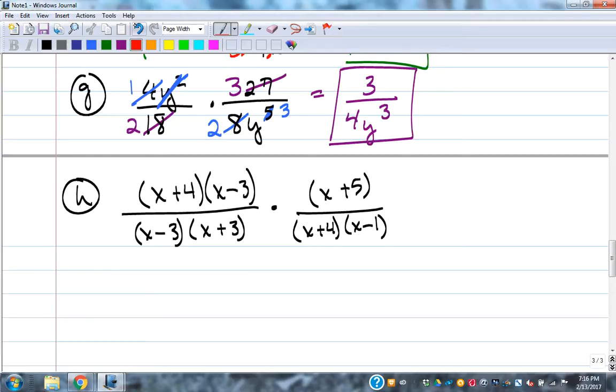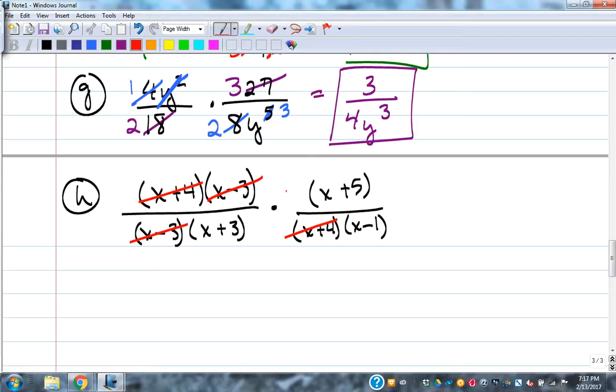So we want to cancel out things the same way that we did in the previous two examples, vertically or diagonally. So vertically, do I have some? Go ahead, Reese. The x minus 3s, they cancel each other out. Diagonally, the x plus 4s cancel each other out.